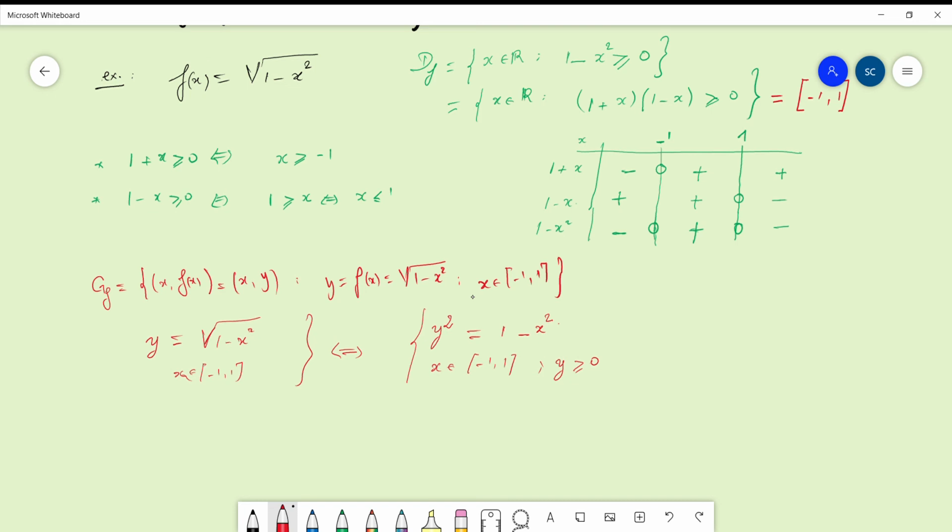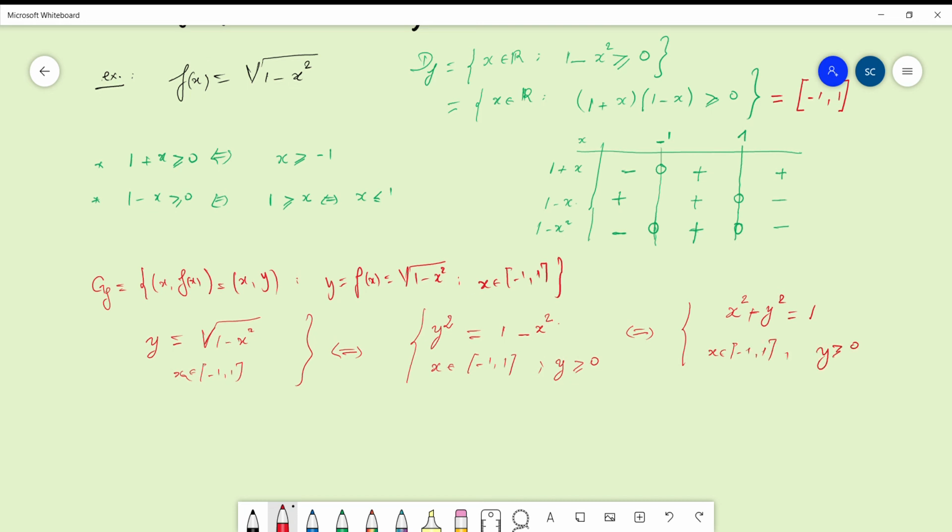Even negative y can satisfy the equality, but not the original one. Now one more line: moving x2, we get this equality with x between minus 1 and 1 and y positive.